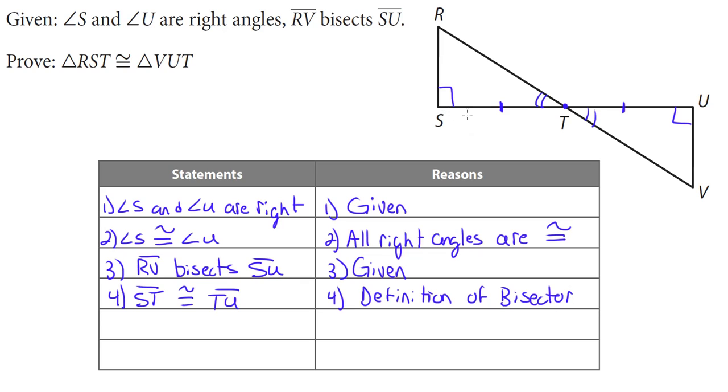Now we've got our angle and our side. All we need is this angle, and we know that RTS is congruent to VTU because they're vertical. So that is our fifth statement. So angle RTS is congruent to angle VTU because vertical angles are congruent.